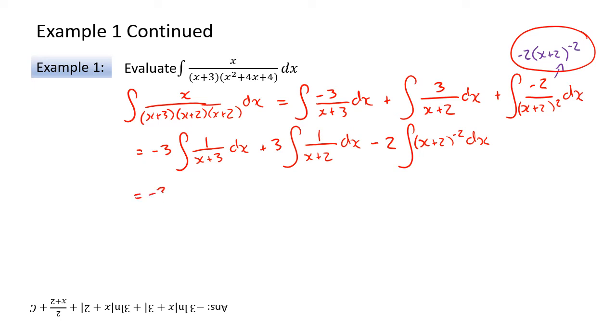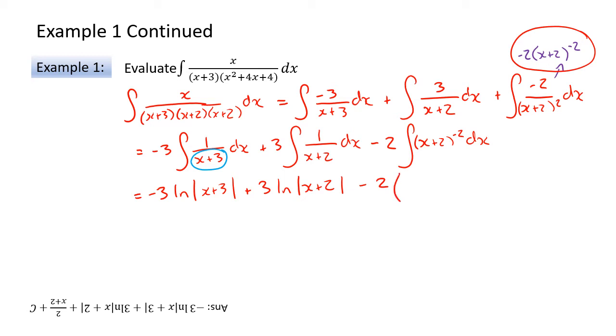So we end up with negative 3 times the ln of, remember, the item that's in the denominator here, which is x plus 3, and it's the absolute value, plus 3 times the ln of x plus 2. And our last term is minus 2.